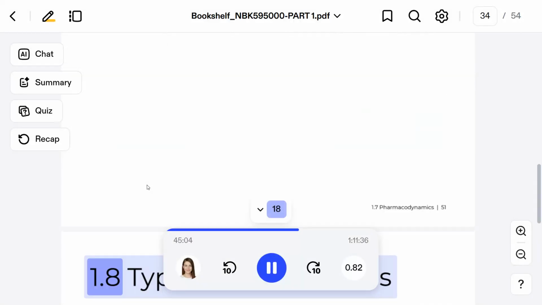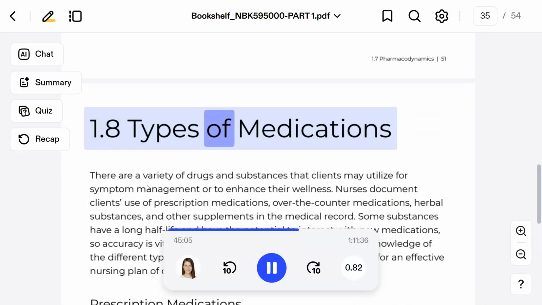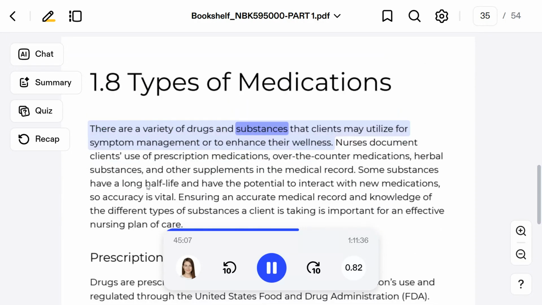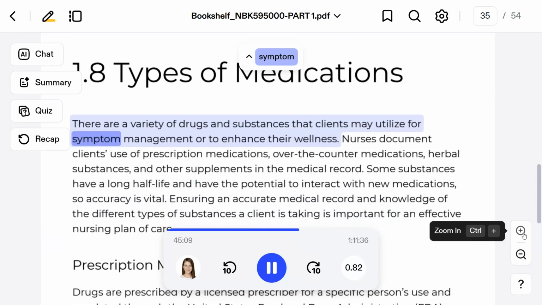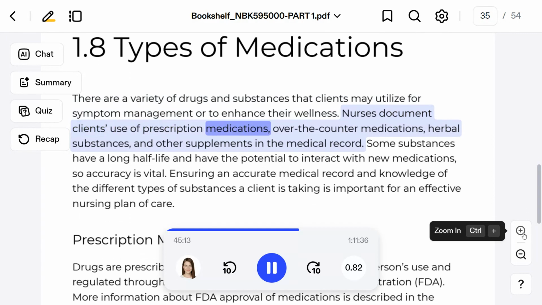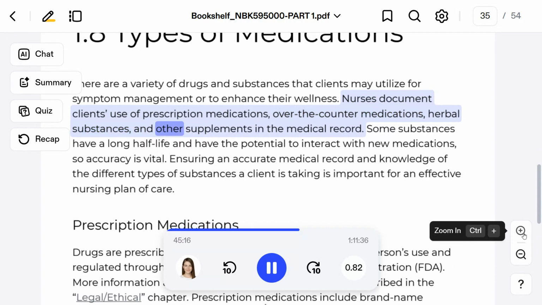1.8 Types of medications. There are a variety of drugs and substances that clients may utilize for symptom management or to enhance their wellness. Nurses document clients' use of prescription medications, over-the-counter medications, herbal substances, and other supplements in the medical record.